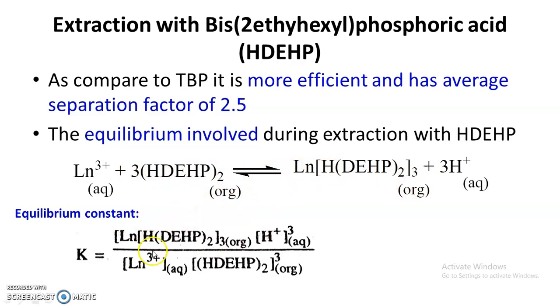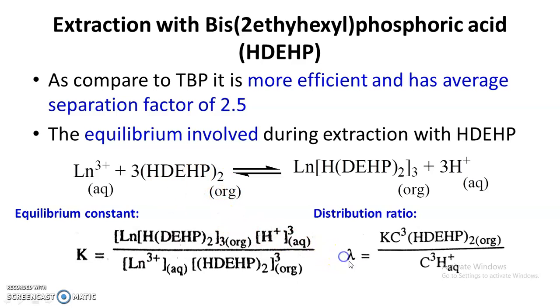The equilibrium constant K for this reaction is equal to the concentration of the lanthanide complex into the concentration of H plus cubed, upon the concentration of Ln3 plus aqueous into the concentration of the organic solvent.